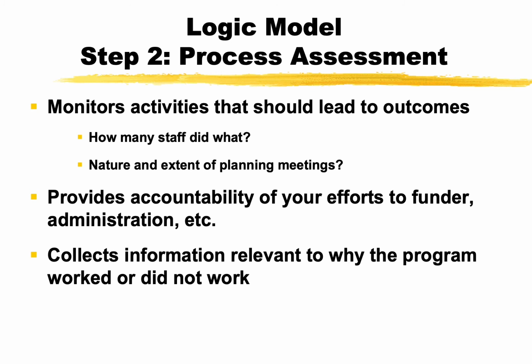Purposes of process assessment are to help monitor the activities around which the program is organized. This can help the investigator make sure that parts of the planned program are being undertaken and not being neglected. And it can help provide information to manage the program or to change and add to activities.